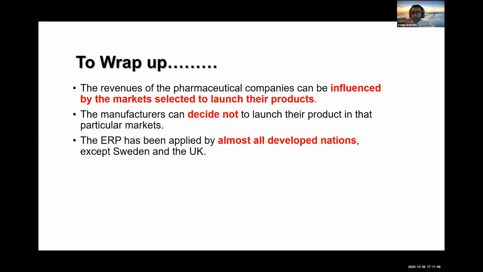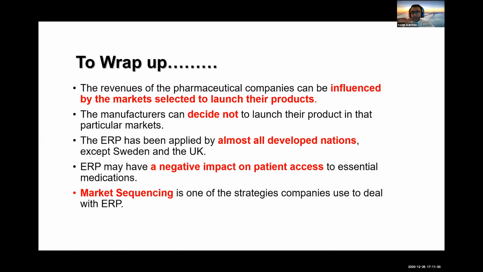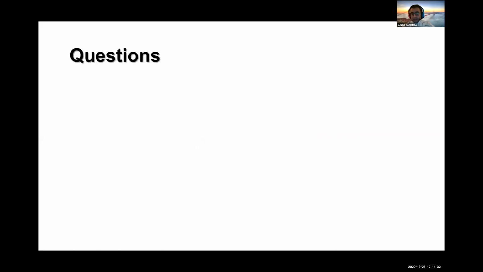ERP has been applied in almost all developed nations, with the exception of Sweden and the UK, but even they sometimes look at prices in different countries and include them confidentially in their assessment of different pharmaceuticals. ERP may have a negative impact on patient access to essential medications, and market sequencing is one of the strategies companies use to deal with ERP.